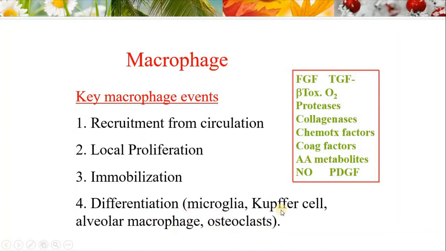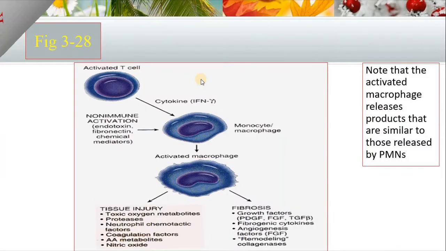All are macrophages, which derive from differentiation of macrophage. How do they form? Monocytes from circulation are activated by interferon gamma from activated T cells.